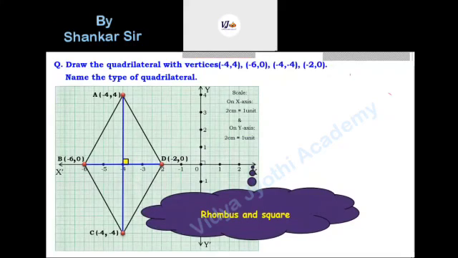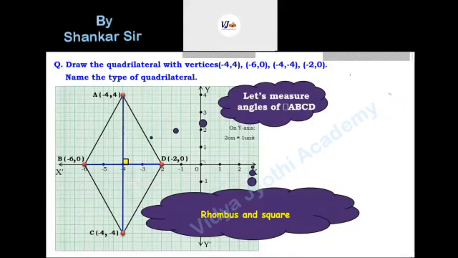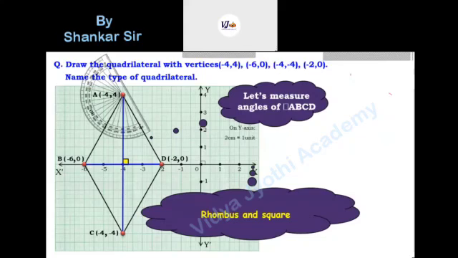See, we know that when diagonals are perpendicular, it may be a rhombus or square. If diagonals are equal, it is a square. And if diagonals are not equal, it is a rhombus. And measure the angle also. Just observe. I am using a protractor to measure the angle. Can you see this?